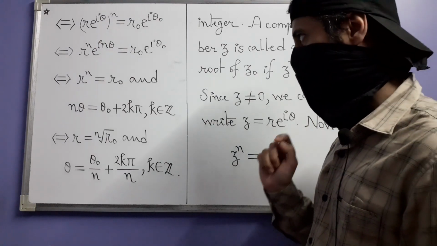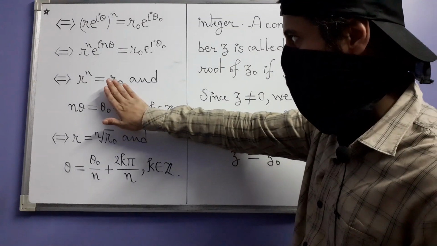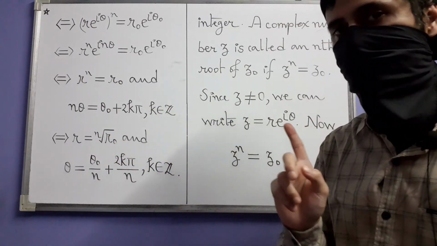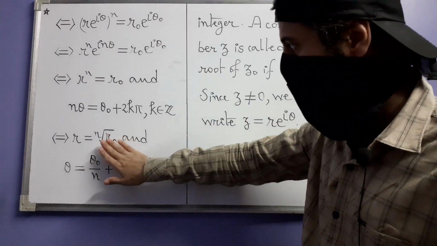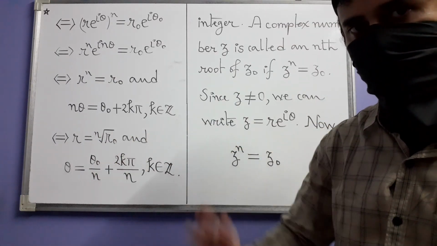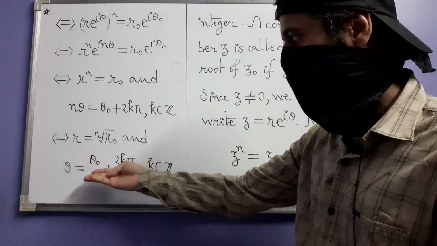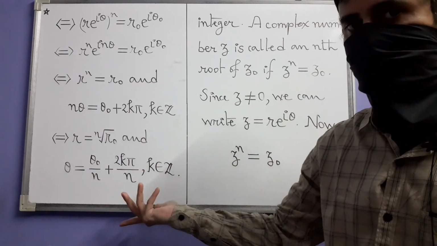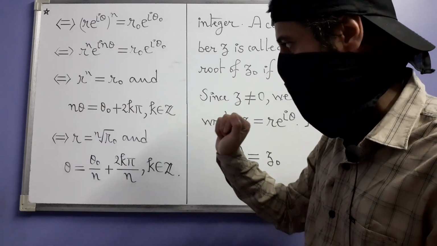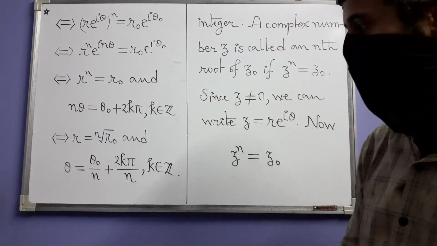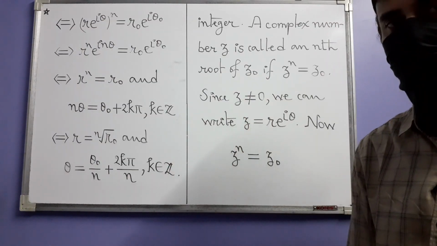And from real analysis we know that any such positive real number has a unique positive nth root. So it's coming from real analysis. And from this second equation, of course, you can find theta in a very simple way. You divide both sides by n and have theta to be this, where k is some integer.